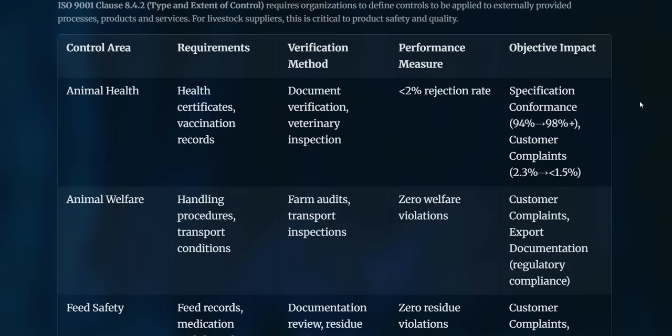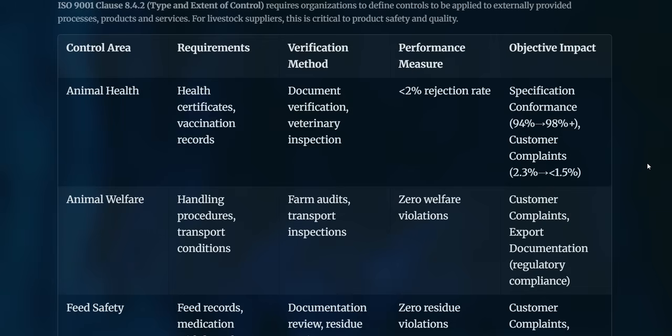Now, let's look at the control area, the requirements, and the verification methods, as well as the performance measures and the objectives impact. First, let's start with the animal health control area. The requirement here includes health certificate and vaccination records. What are the verification methods for this control area?